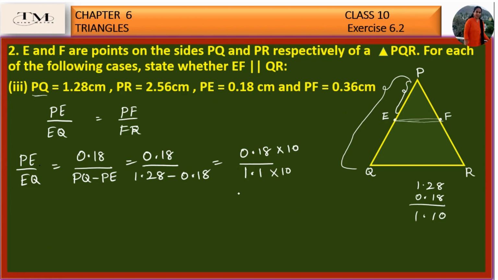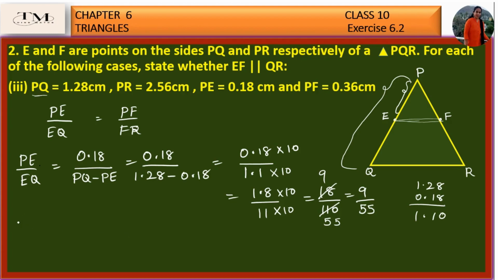So if you multiply by 10, you will get 1.8 divided by 11. So what is 1.8 divided by 11? So again let us multiply by 10 so that this decimal gets cancelled. So you will get 18 divided by 110. So in 2 table it is 9 2s are 18, 5 2s are 10 and 5 2s are 10. So it is 9 divided by 55.